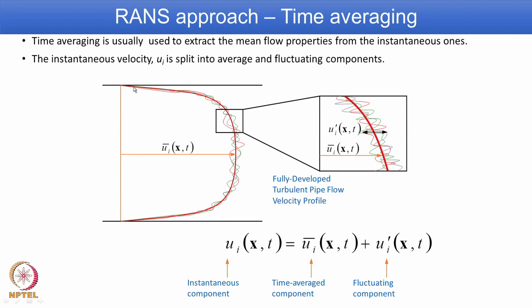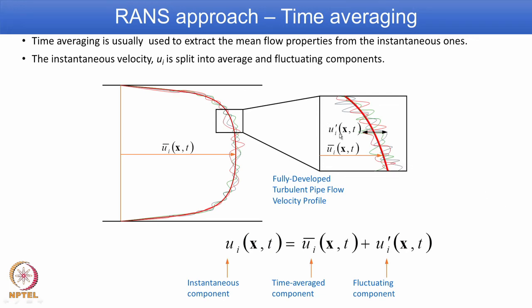This is a figure for flow through a pipe, and the velocity profile is marked with the red color, and we take one small portion, zoom in and see the velocity profile. We already mentioned u bar (x, t), and that is shown here as a mean velocity profile, and you have fluctuations. There are two fluctuations marked just to understand that you get a different signal at different time levels, and the deviation from the mean is marked by a prime.